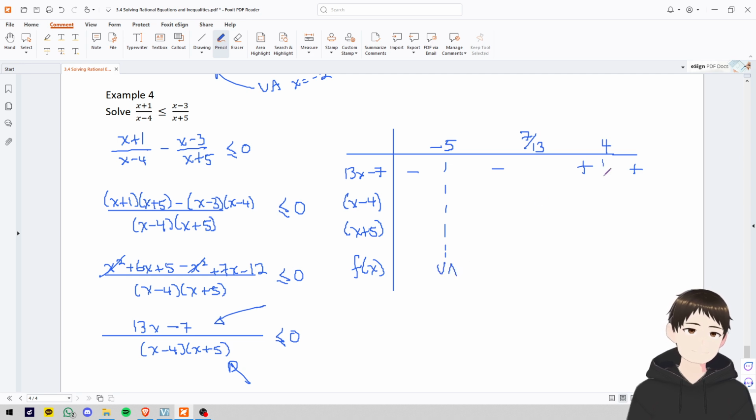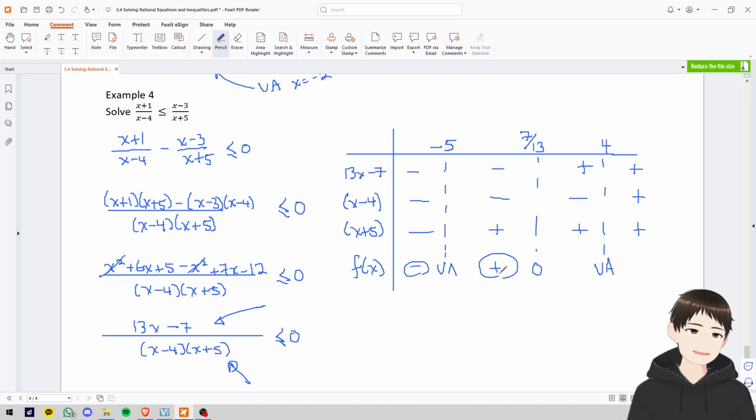VA, VA, 0. Negative, negative, negative, plus, negative, plus, plus, plus, minus, plus, minus, plus. And so we've got this part being less than or equal to 0, and this part being less than or equal to 0.